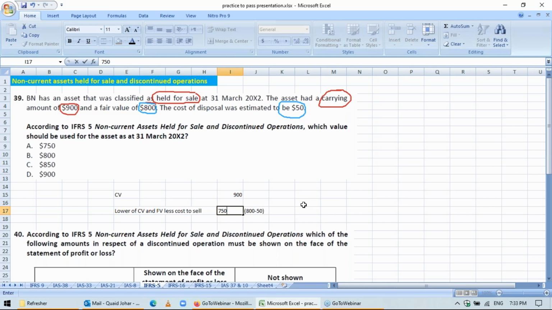So you have to reduce the asset and bring it down to 750. That means the asset will be credited and the profit and loss account will be debited, reducing from 900 to 750. So the correct answer to which value should be used for the asset at 31st March 2002 is A. 750 is the correct answer, and 150 will be charged to the profit and loss account.